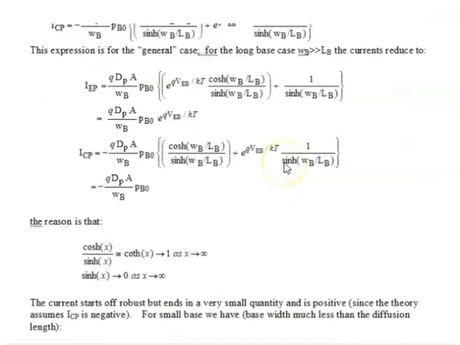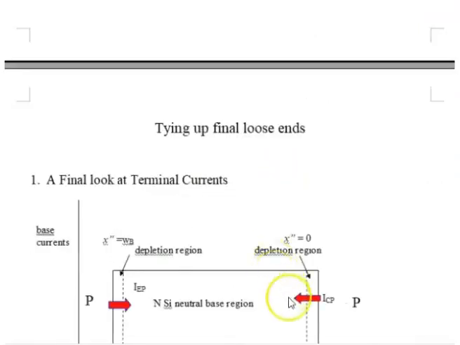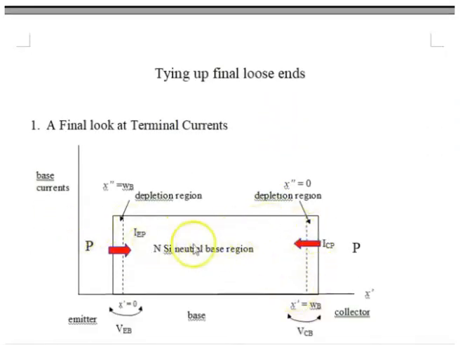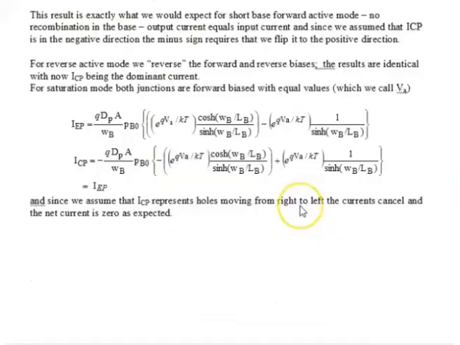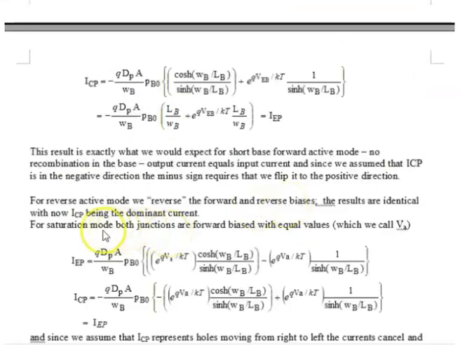And the last case is the saturation mode. In the saturation mode, the currents are equal and opposite. Both junctions are forward biased, and they are equally forward biased. And let's see, where is it? It must be here someplace. Okay, there it is. I'm going to call that forward bias the applied bias because they are precisely equal.